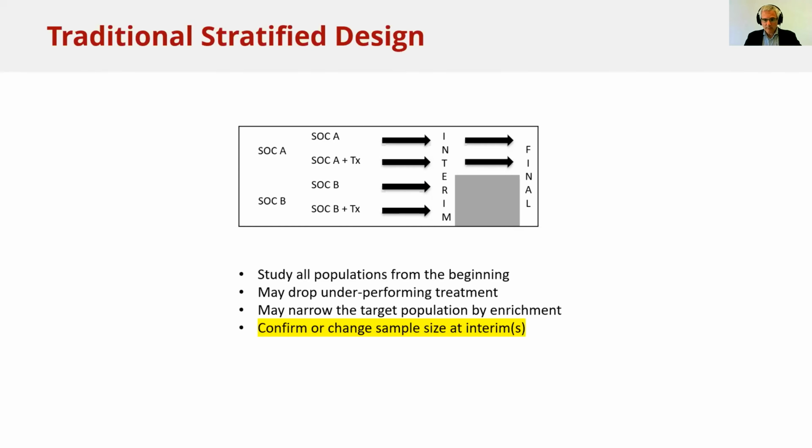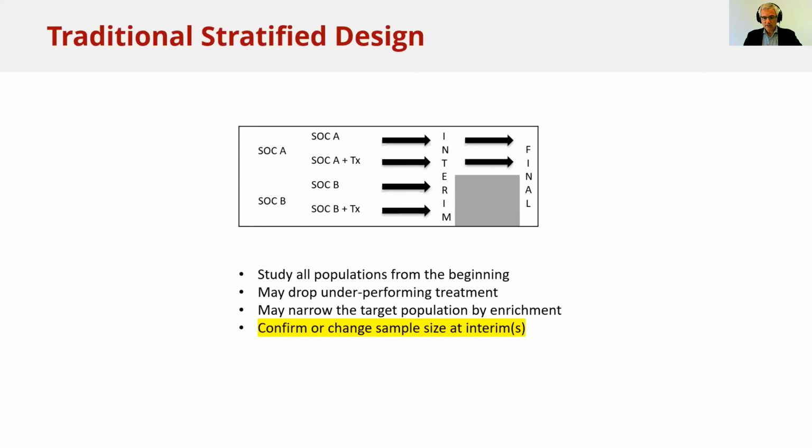We decide maybe at 33% or halfway through, we'll conduct an interim. And based on some pre-specified criteria, we will drop arms that are underperforming. So this slide is showing that we dropped the standard of care B arms. So a few points to note. All populations are studied from the beginning. There's 4 treatment arms.